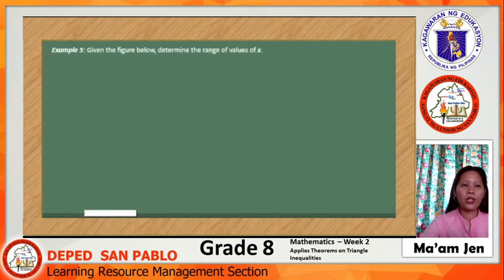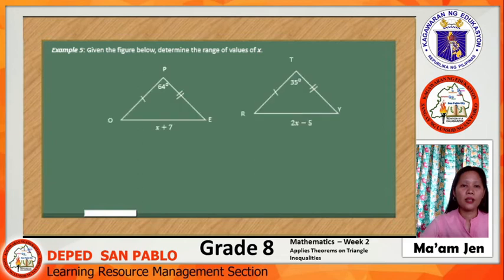Let's have example number 5. Given the figure below, determine the range of values of x. Given these two triangles, segment OP and segment RT are congruent. Segment PE and segment TY are congruent. And we have here the included angles, angle P and angle T, which have different measures. So, which side is greater?